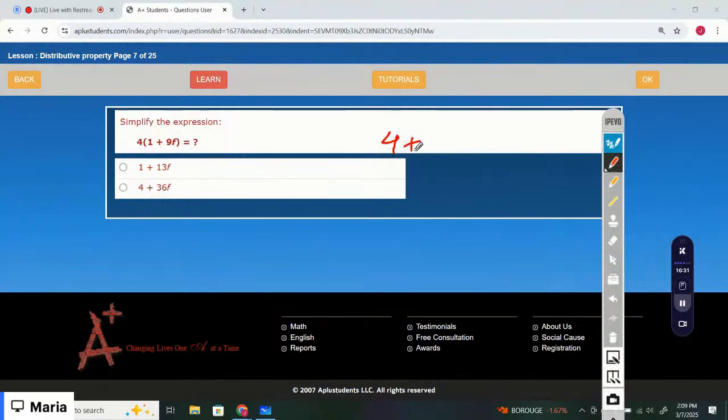Four times 1 is 4, and 4 times 9 is 36. That is 4 plus 36f.